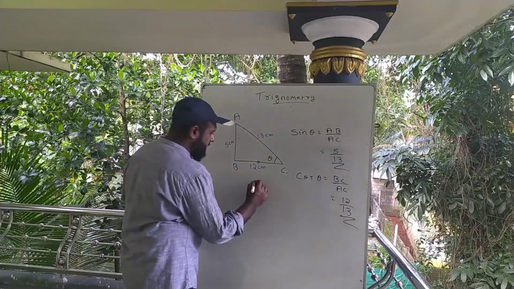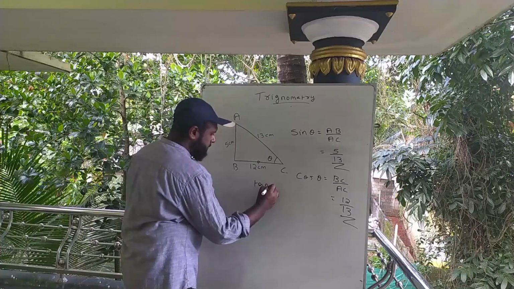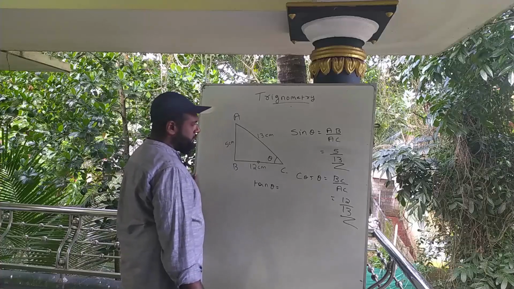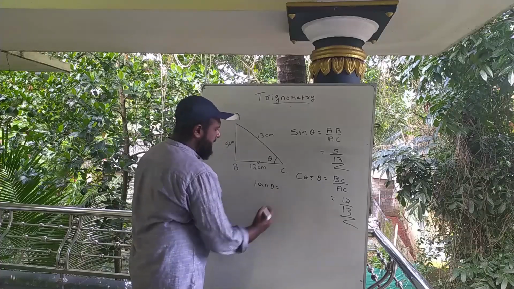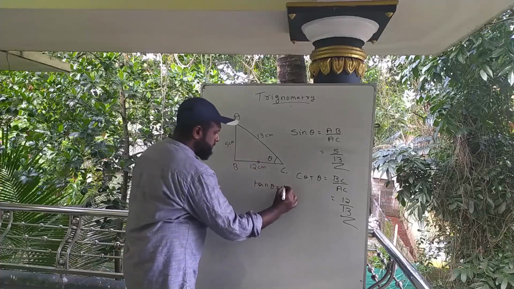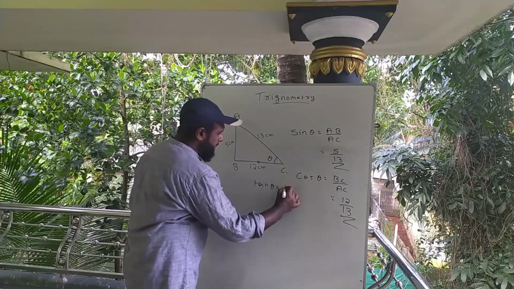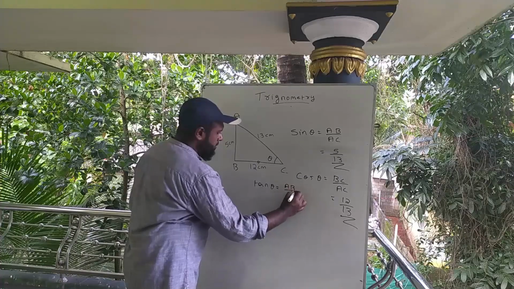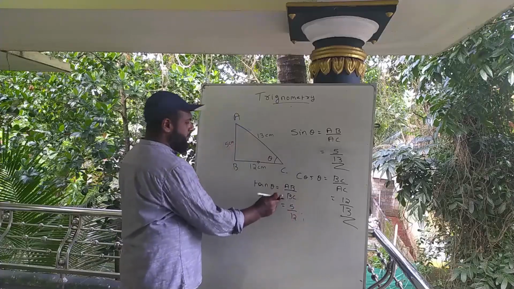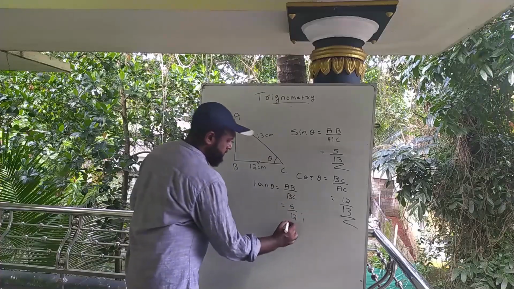Next we can find tan theta. Tan theta equal to opposite side by adjacent side of theta. What is the opposite side of theta? 5, or AB, by what is the adjacent side? BC. AB by BC equal to 5 by 12.